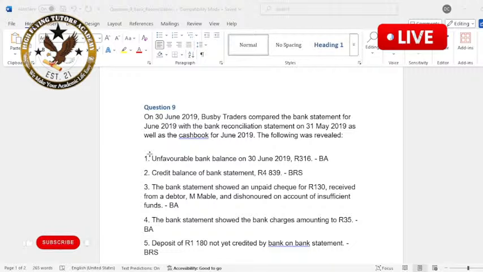When he was issuing a check, we recorded on the debit side. Now because you realize this person did not pay, we are taking that amount back. So when we have to reverse it, we're just going to the negative or unfavorable side of the bank account and record and say debtor or debtors control. You can just say debtors, no problem, or debtors control, still fine. And then that is how we record this transaction.